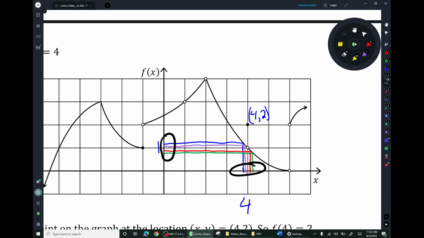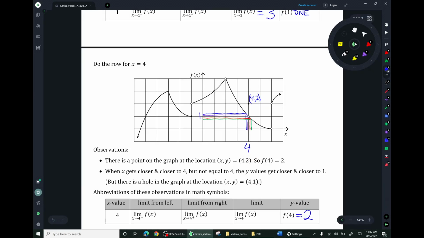And again, note that it's key to have the qualifier that x is close to 4, but not equal to 4. We already know what happens when x actually equals 4. We get a y value of 2. So our description of what's happening when x is close to 4, but not equal to 4 is this sentence. When x gets closer and closer to 4, but not equal to 4, the y values get closer and closer to 1.